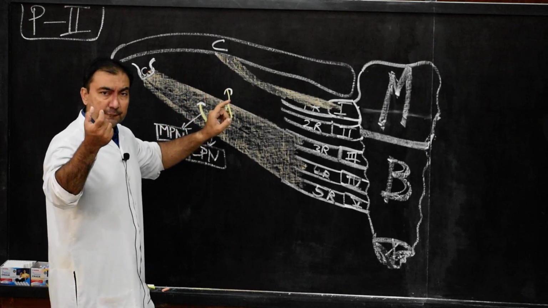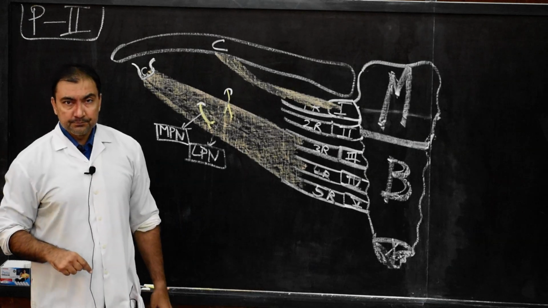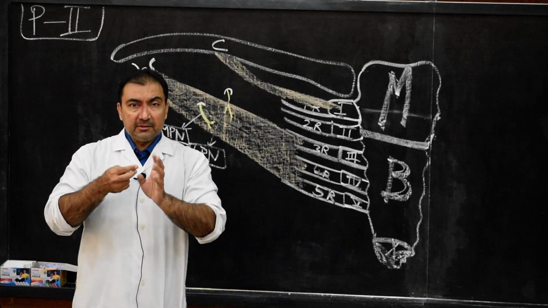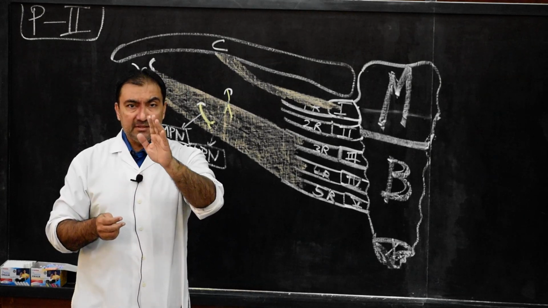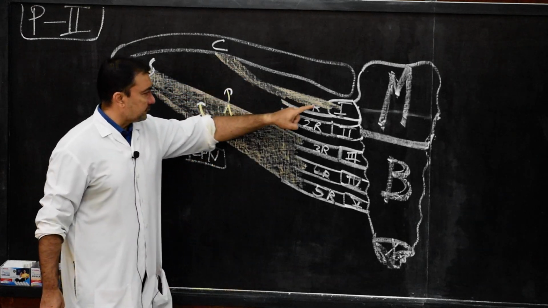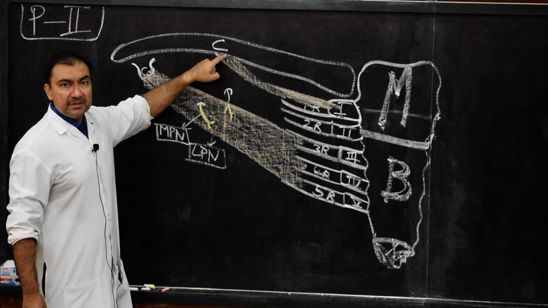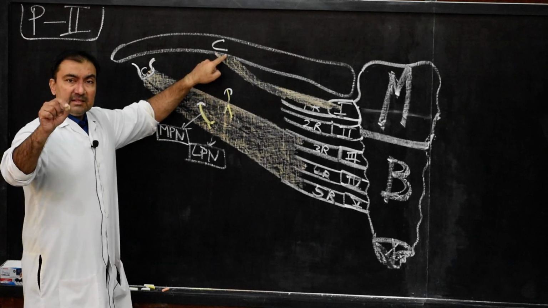In the middle 1/3 of the inferior surface of the clavicle, we know there is a subclavian groove. Within that subclavian groove, the subclavius muscle is inserted. That is the insertion of subclavius, taking origin from the first rib and its first costal cartilage and inserted into the subclavian groove on the inferior surface of the middle 1/3 of the clavicle.